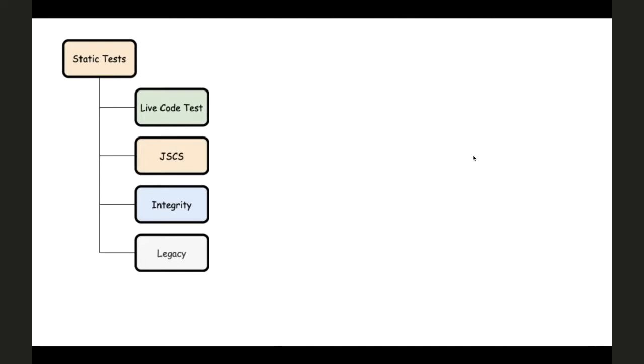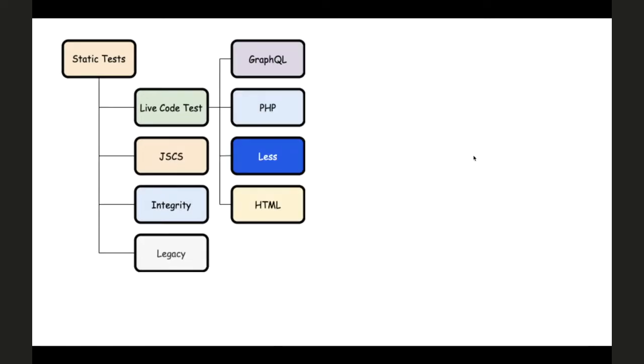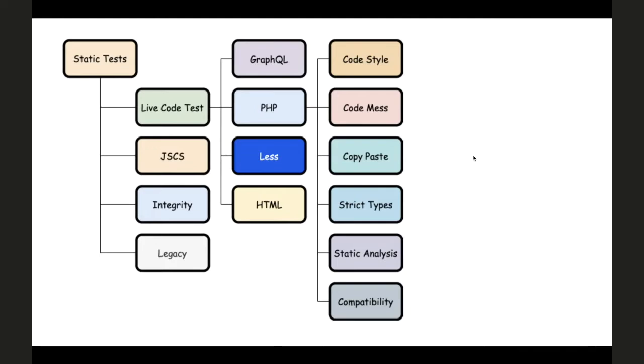And if we look deeper into the live code tests group, there are four subgroups: GraphQL, PHP, Less, and HTML. Most of them just call code sniffer for files with a certain extension. The PHP group has six subgroups which call different tools to make some checks in PHP.